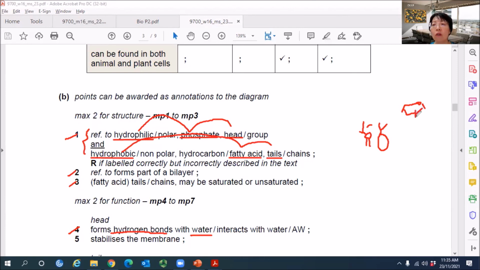Sugar subunits have a lot of OH groups everywhere. So all these OH groups can form hydrogen bonds with the water, so the water will be holding it throughout the entire membrane. Therefore it will give stability to the membrane. I think this part you need to pay attention to: the formation of hydrogen bonds by the carbohydrate chains of the glycolipid and glycoprotein will stabilize the membrane. Okay?